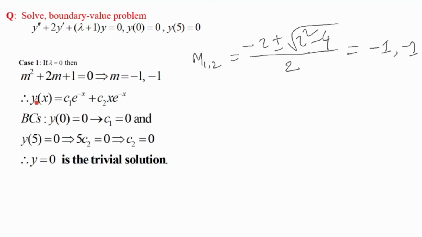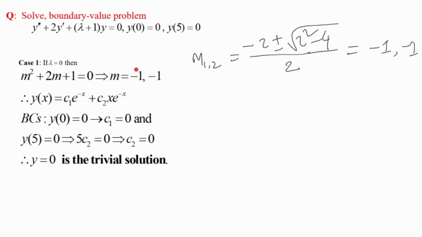That means the auxiliary roots are equal but real. So in this case we can apply case number 2. That means the solution can be written as C1 e power minus x plus C2 x e power minus x. So this is our general solution.